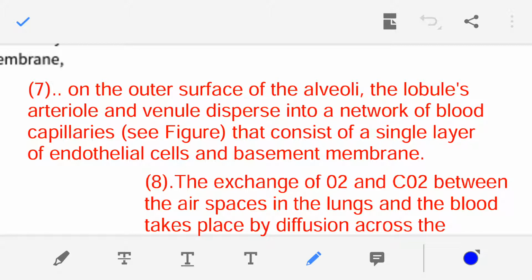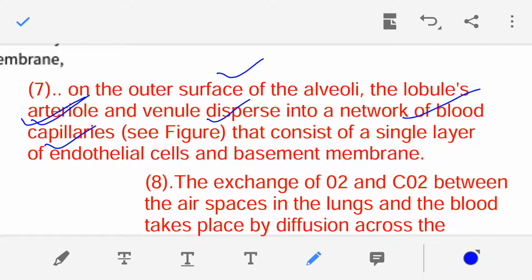So this is the 7th point of our discussion: on the outer surface of the alveoli, the lobules, arteriole and venule disperse into a network of capillaries. So on the surface of alveoli, what is present?